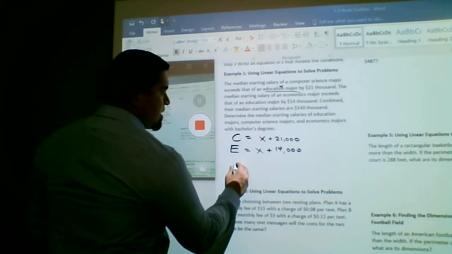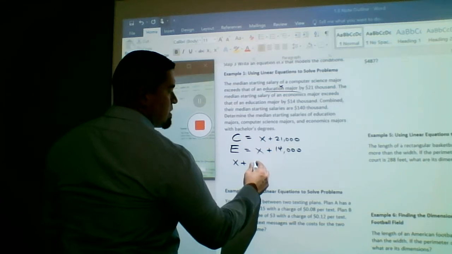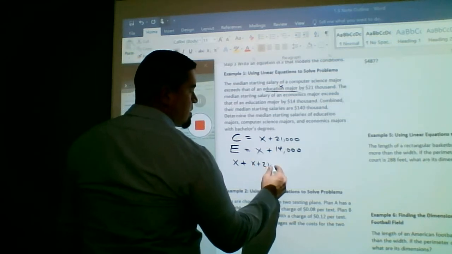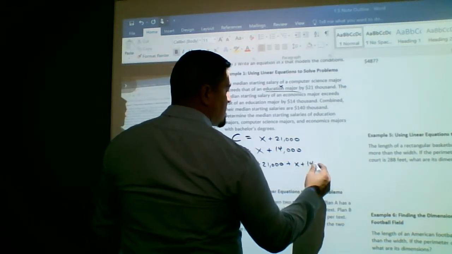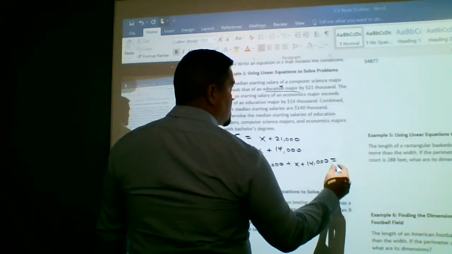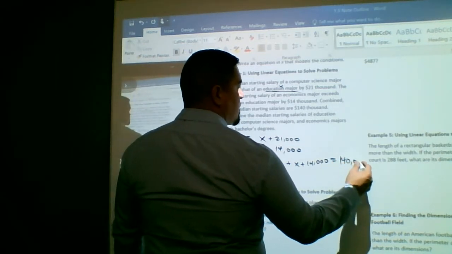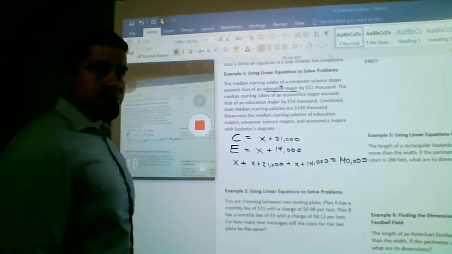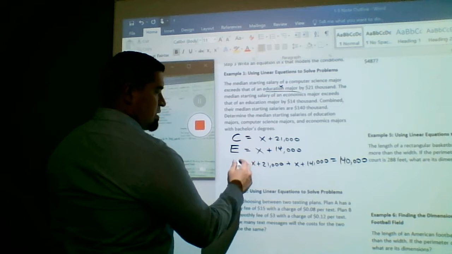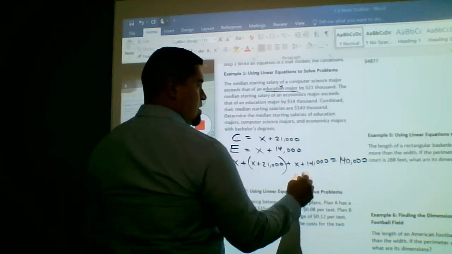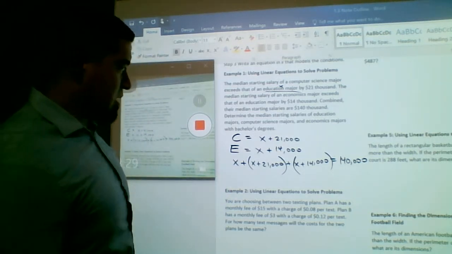So the education major is x, plus the computer science major is x plus 21,000, plus the economics major is x plus 14,000, and combined it's supposed to add up to 140,000 total between all of them. That's how I generate my equation. Again, this is the computer science major, that's the economics major, and x is the education major.